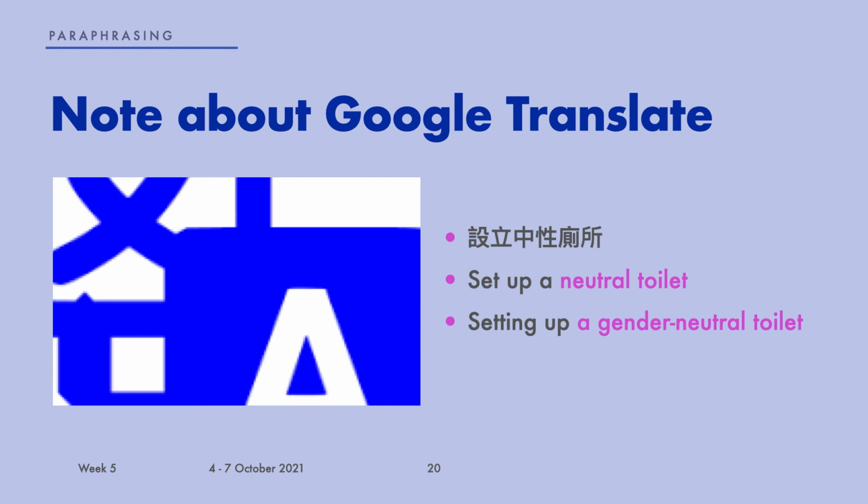And another problem would be that Google Translate cannot understand how you are going to put the phrase into your sentence. For example, when you say 設立中性廁所對少數人士會有得益. In this case, you will have to use a gerund to represent 設立.